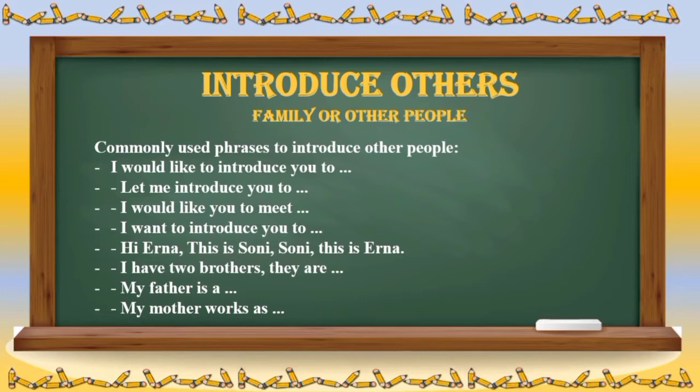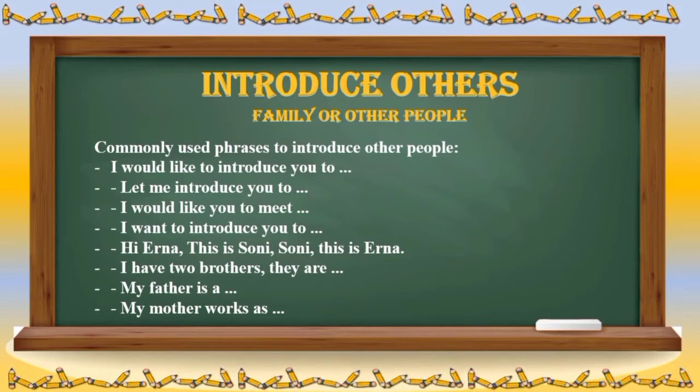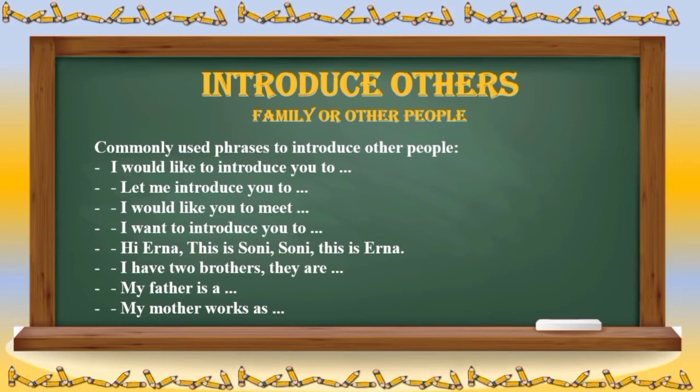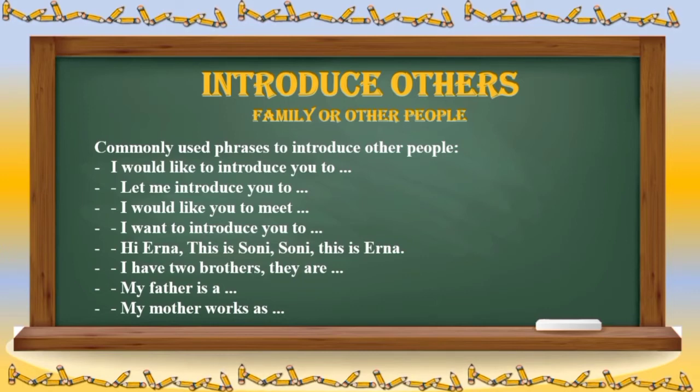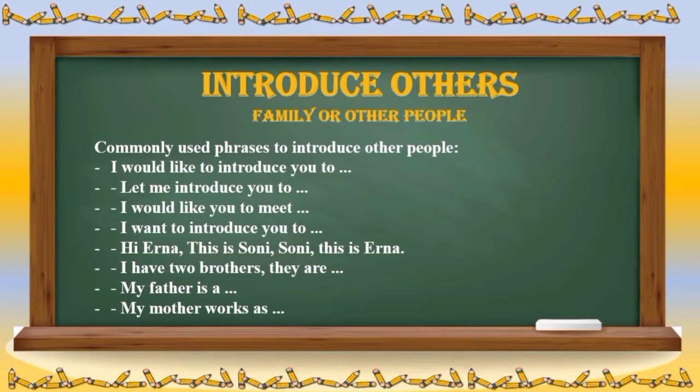I would like to introduce you to my grandmother, or my mother, my father. Let me introduce you to my friends, or to Rani or to Ahmad. Hi Erna, this is Sony. Sony, this is Erna. Here are common phrases if you want to introduce your friend to other friends.